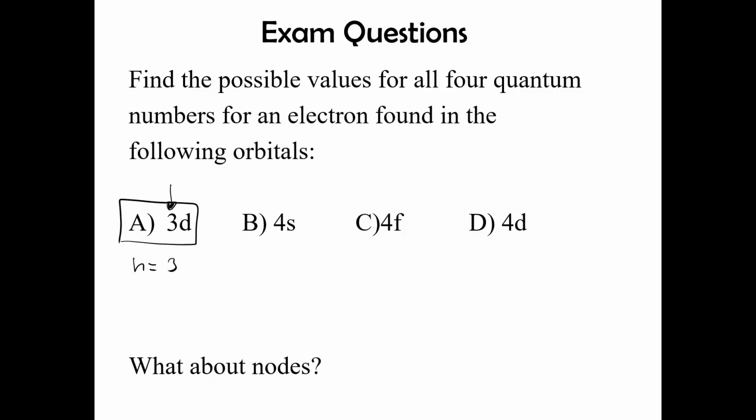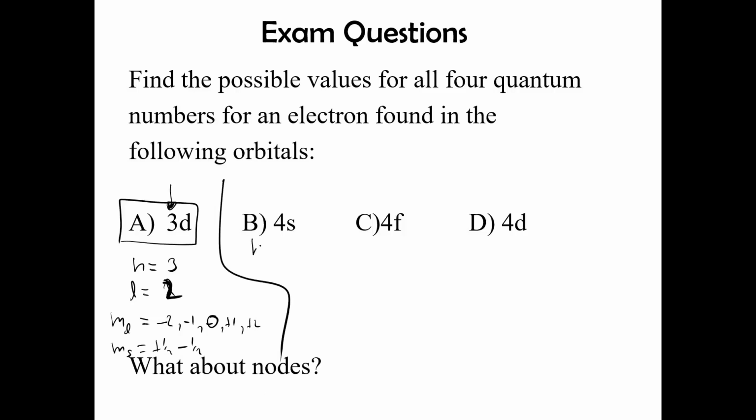For d, you just have to remember s, p, d: s is 0, p is 1, d is 2. So l is going to be equal to 2. Then m sub l goes from minus l to plus l, which in this case is minus 2, minus 1, 0, plus 1, and plus 2. And m sub s is always the same: plus 1/2 or minus 1/2.